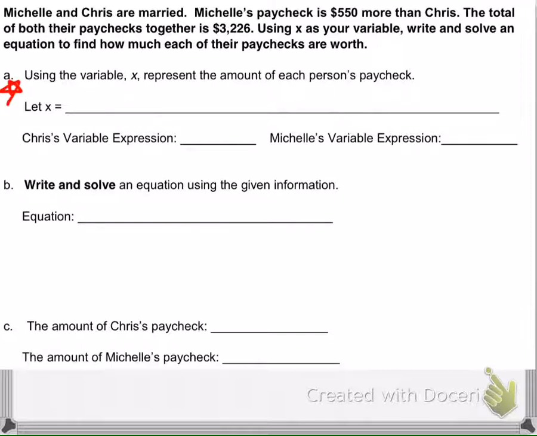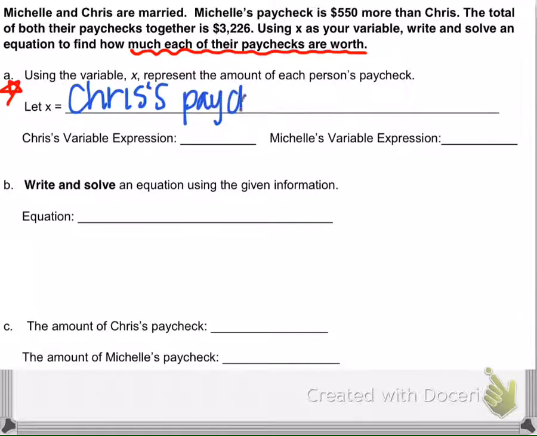So what are we trying to find out? We're trying to find out how much each of their paychecks are worth. So we have to decide whether we want X to be Chris's paycheck amount or Michelle's paycheck amount. Let's say we decide to let X represent Chris's paycheck amount.